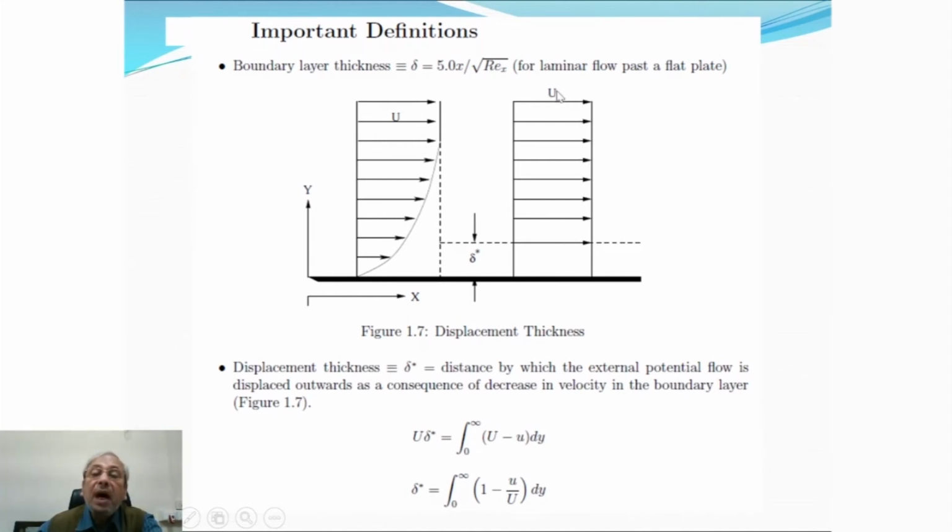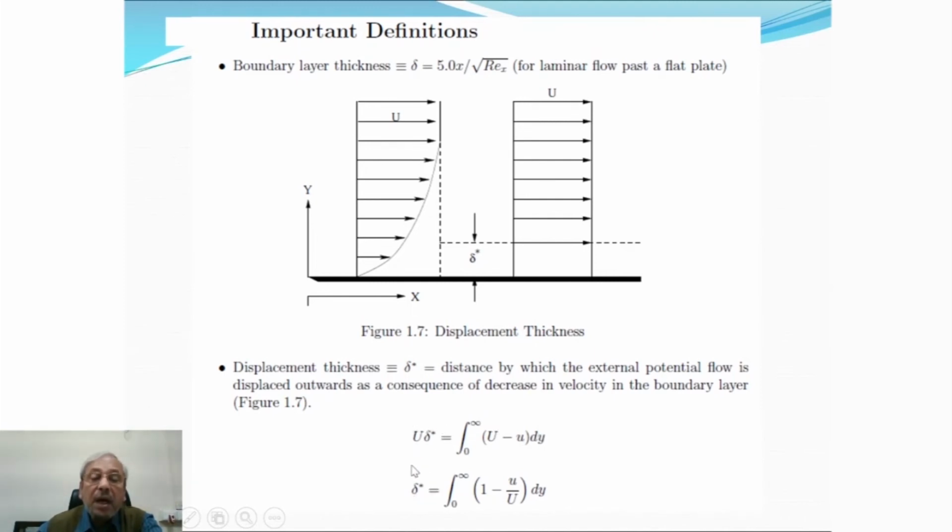If uppercase U is the free stream velocity outside the boundary layer, then uppercase U into delta star is the integration from 0 to infinity of the discrepancy, uppercase U minus lowercase u. This integration is equivalent to U delta star.